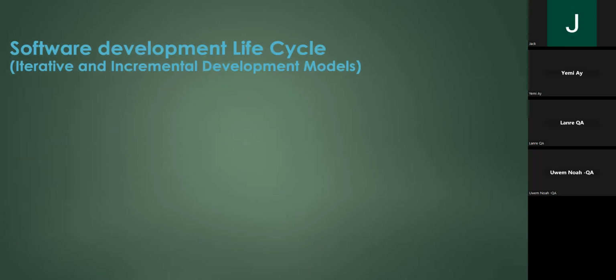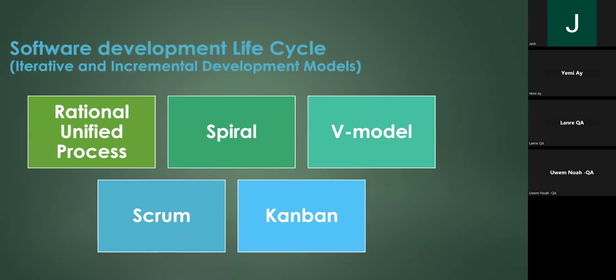So the software development life cycle, the acronym is SDLC. So we are talking about software development life cycle. It is an iterative and incremental development model. We have various types, various models that we use.